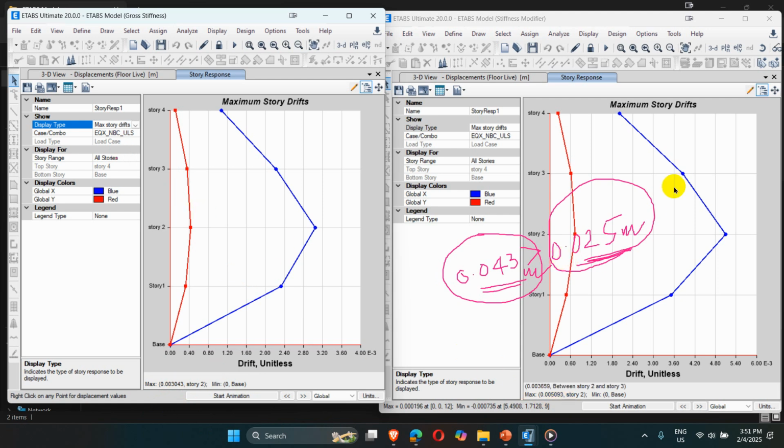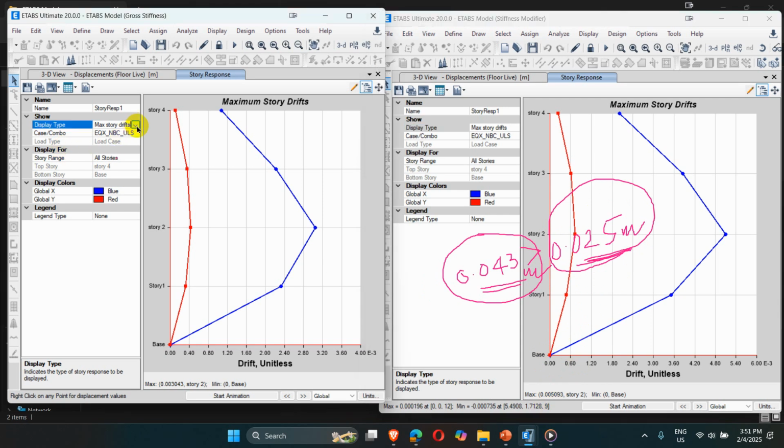Because in this model, the cracked moment of inertia is considered for the analysis, and due to the cracked moment of inertia, the stiffness of the structure is decreased and the displacement is increased, or interstory drift is increased.